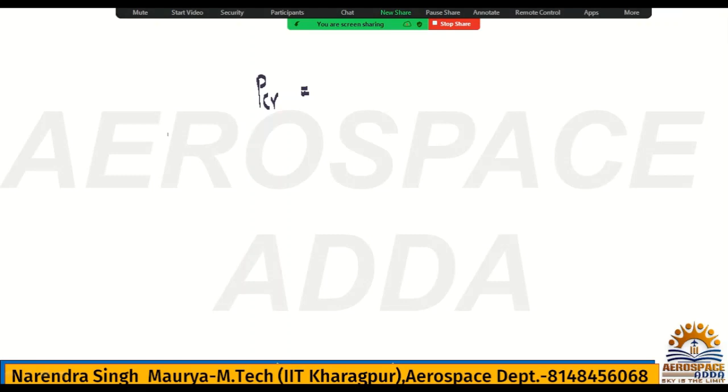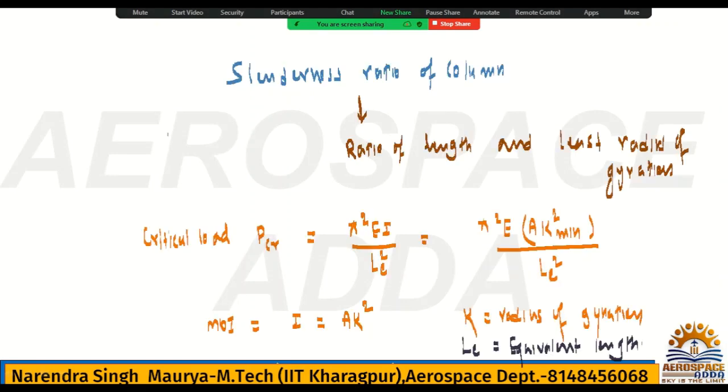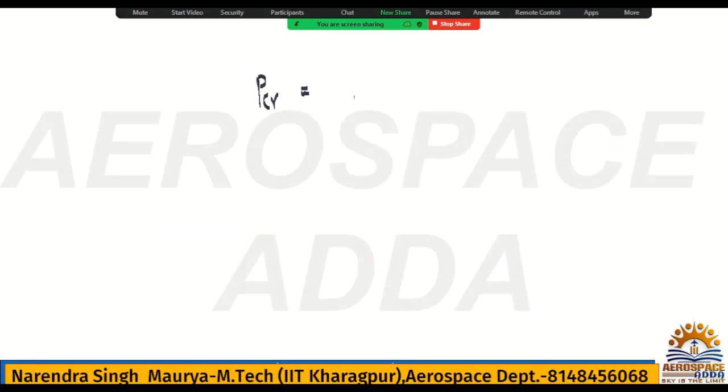So PCR is equal to pi square E I divided by LE square. Then I is A K square, K being the radius of gyration, divided by LE square, the equivalent length.